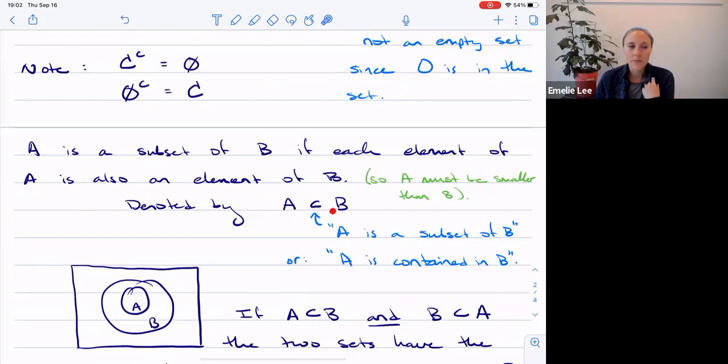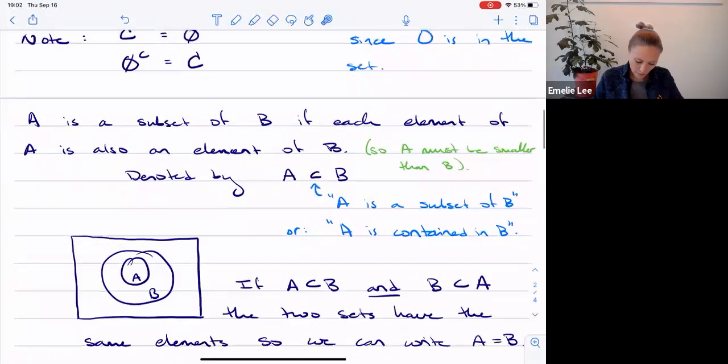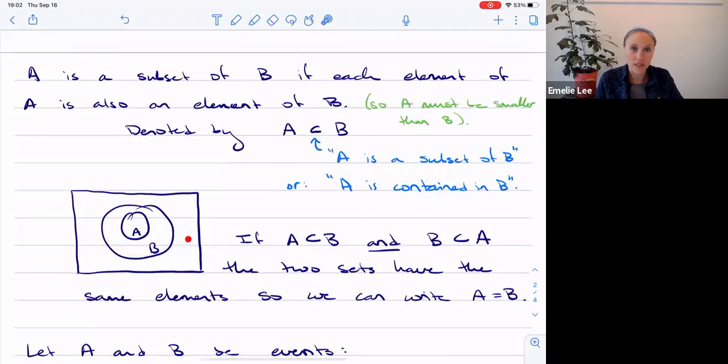But for me, because it's a little C, I just read it as A is contained in B. That helps me understand that A is inside B, so A is a subset of B. Technically we should say A is a subset of B, but if you find it helpful, you can say A is contained in B, and that's fine. What it would look like is, B is a subset of the sample space, of course, and then A is a subset of B.